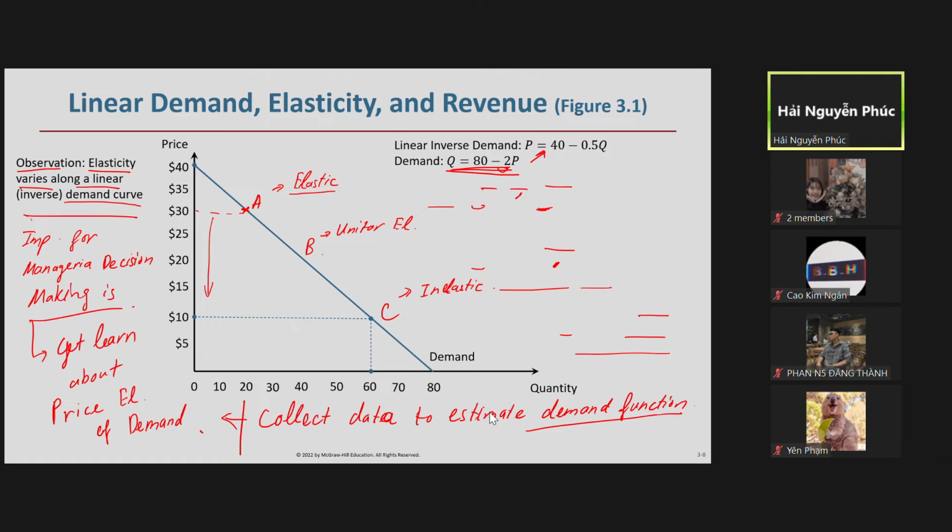Now, let's have the following example, and before we take a break, let's discuss the following example. Suppose you know that the Apple Corporation, they have two products, and I want you to make a comparison about the price elasticity of these two products.